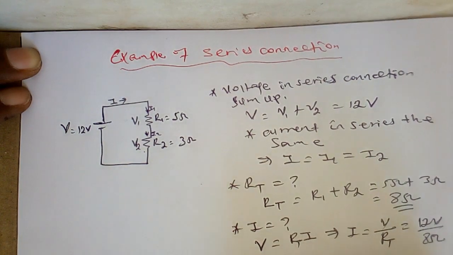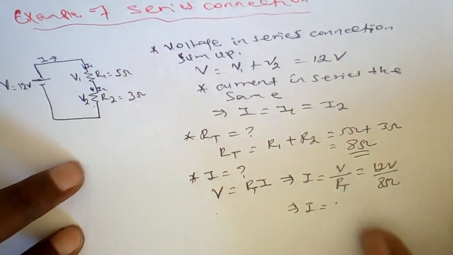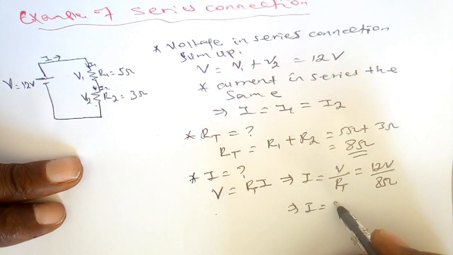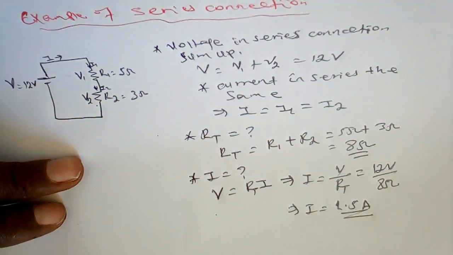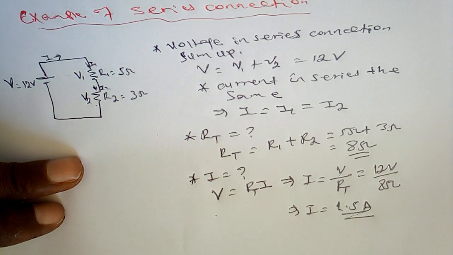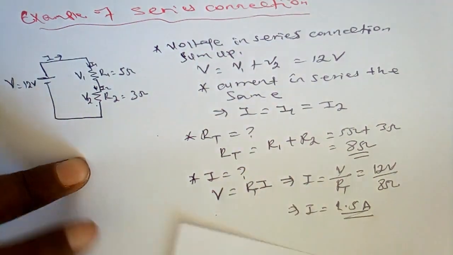So 12 divided by 8 gives us 1.5 ampere, which will be the current flowing in this series circuit.